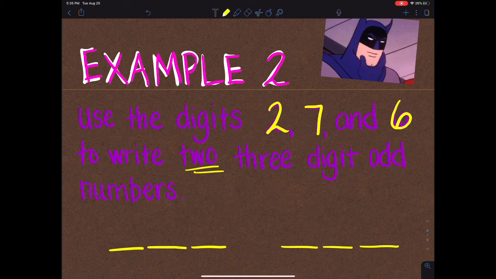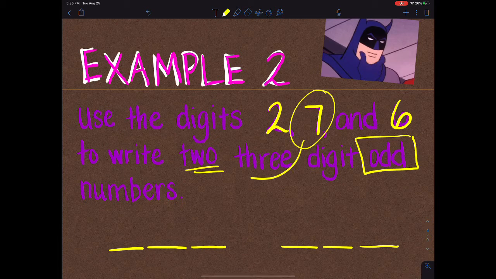And it wants the numbers that we write to be an odd number. So if that's the case, it can't end in 2 and it can't end in 6. The only number that it can end with is this 7, right? So I'm going to put this 7 at the end, and I'm going to put it at the end here.